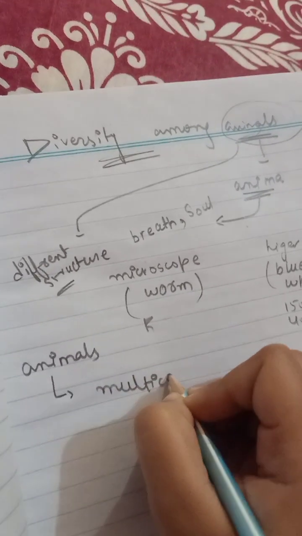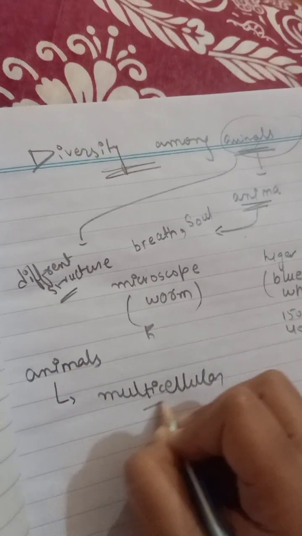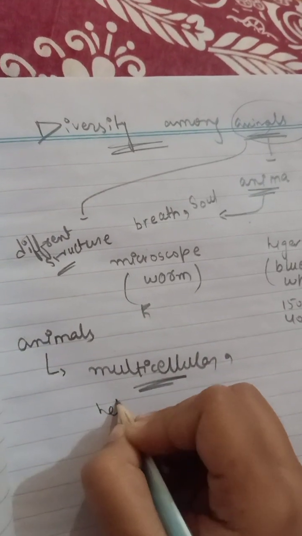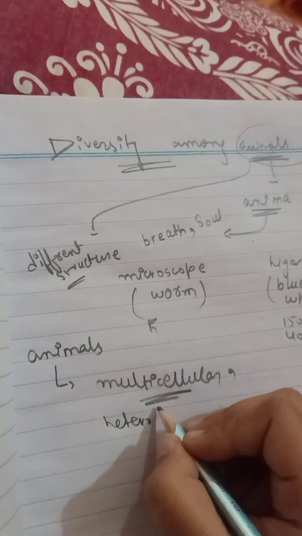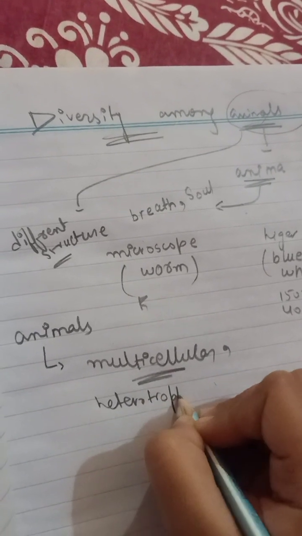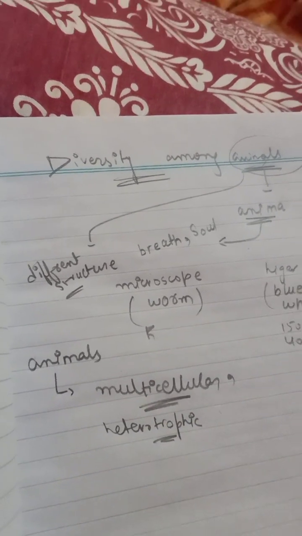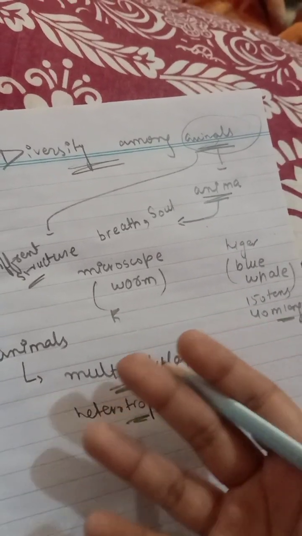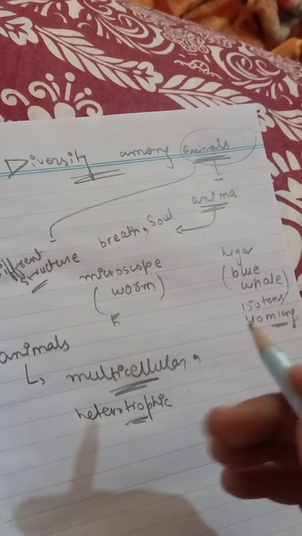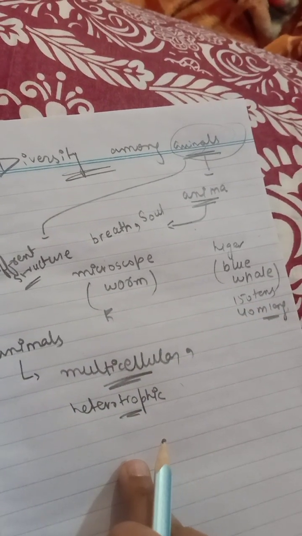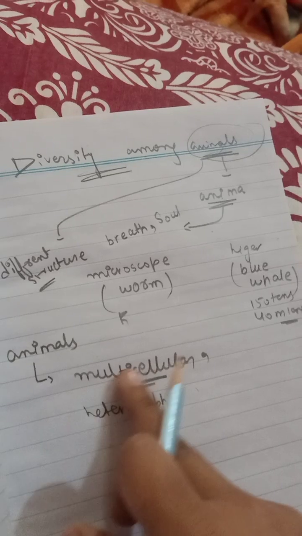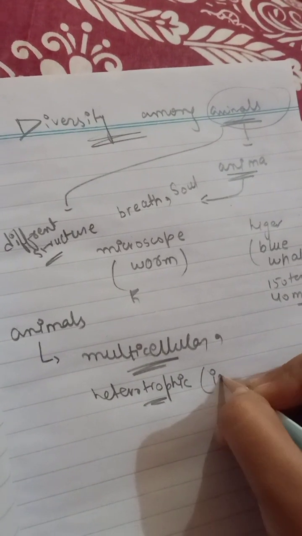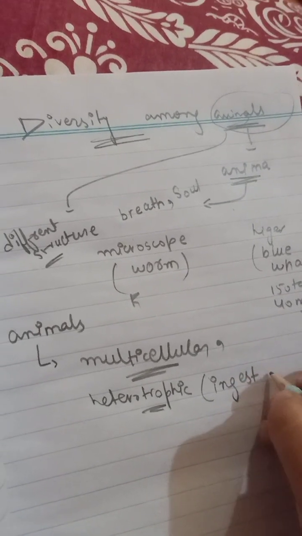What does multicellular mean? They consist of more than one cell. And they are heterotrophic, which means that they cannot make their own food, like plants create fruits, vegetables and all. We cannot create our own food, so that's why we call animals heterotrophic.